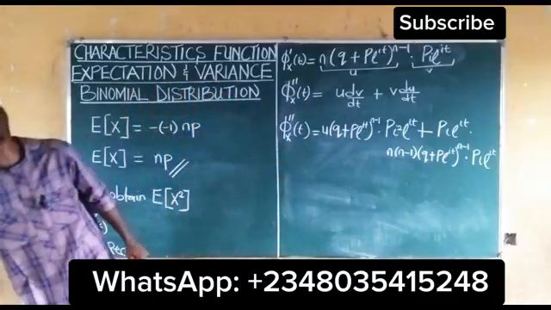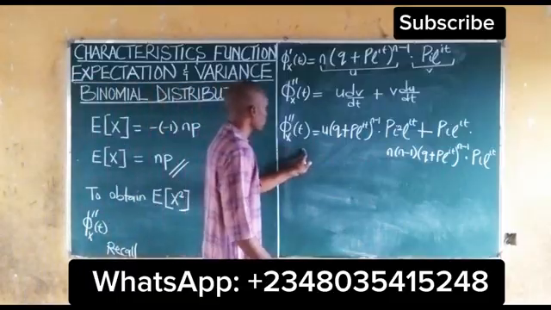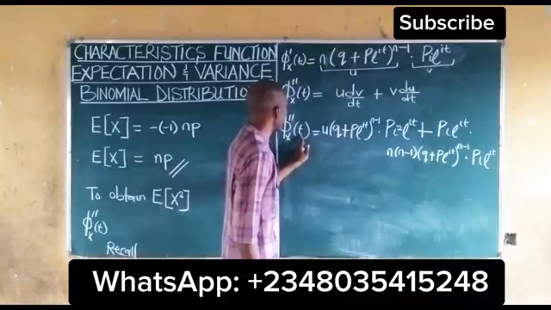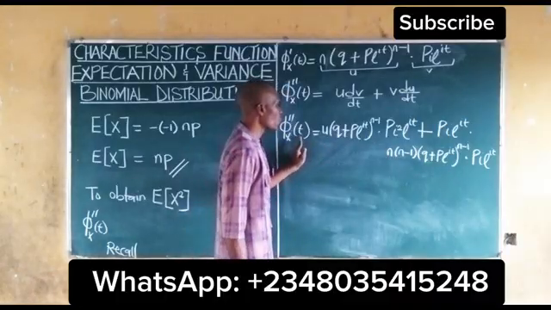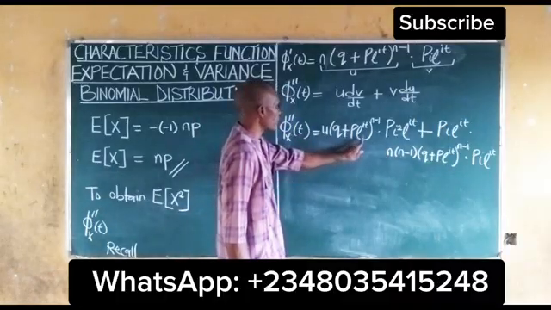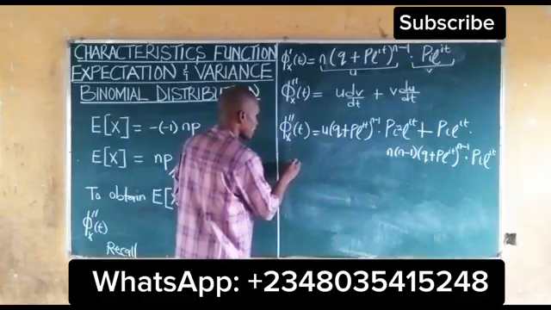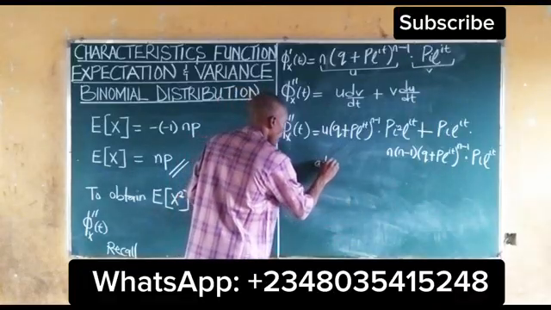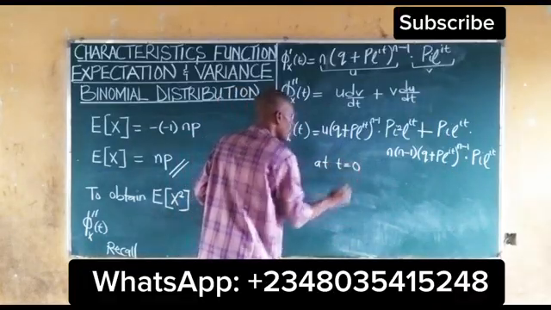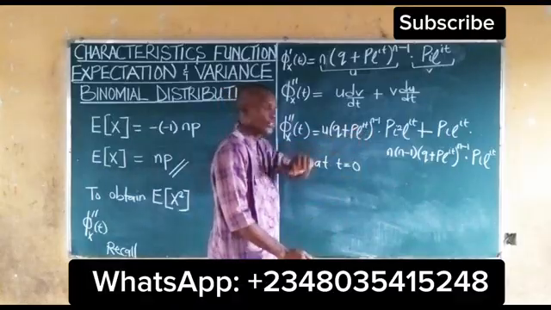All we need to do is to put t equal to 0. So if we make t equal to 0, it means this function will turn to 1. So we have that at t equal to 0. That means anywhere we see t, we put 0.